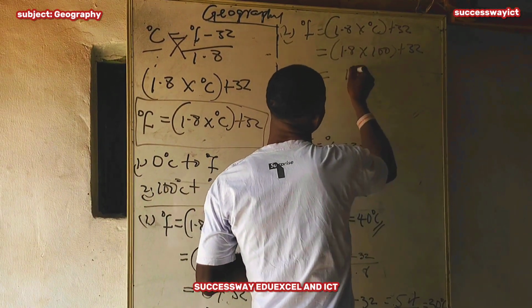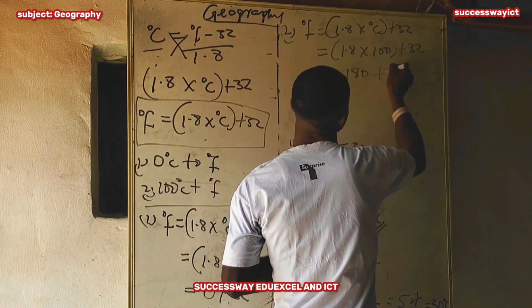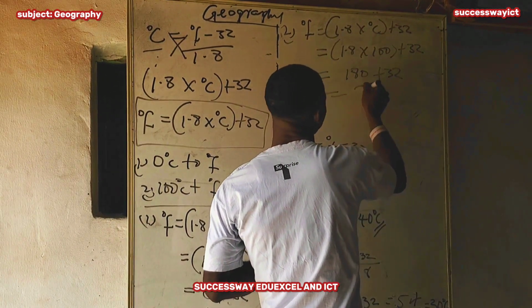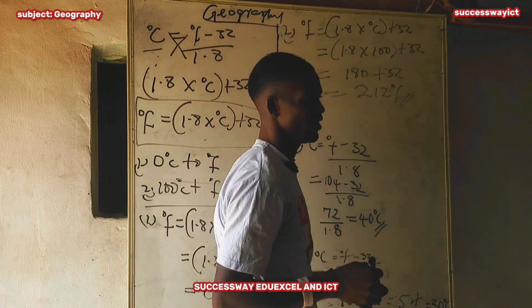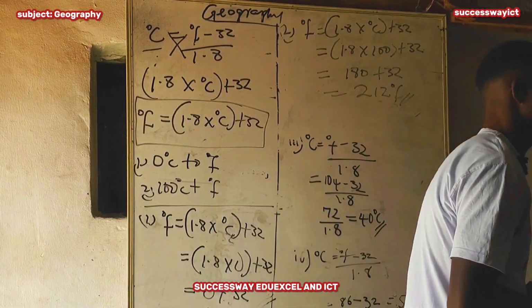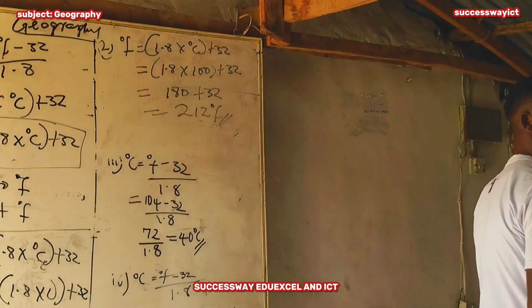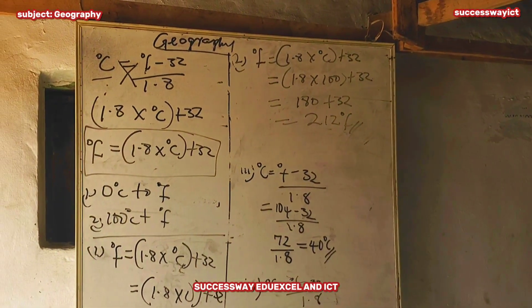That is equal to 180, right? Plus 32, which will give you 212. I think it's correct. You can copy now, you can write now. 212. This one is very, very correct.